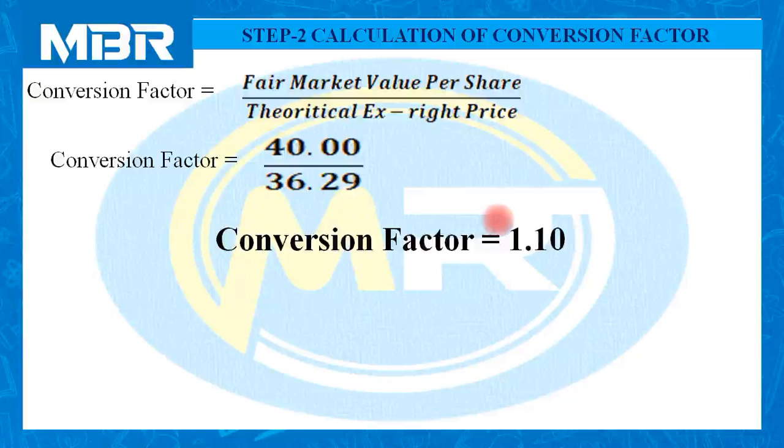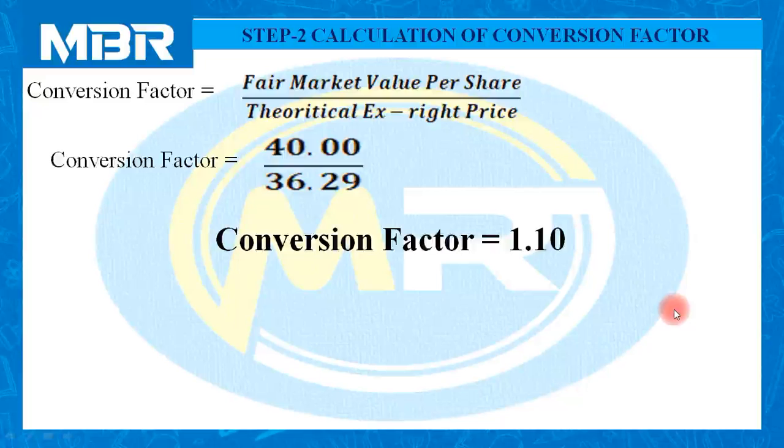So if one fails to calculate the correct conversion factor, this affects the calculation of weighted average number of equity shares in step number 3. So always be careful in the calculation of fair market value per share in step number 1 and conversion factor in step number 2. It is very easy to calculate conversion factor with the help of fair market value per share divided by theoretical ex-rights price.